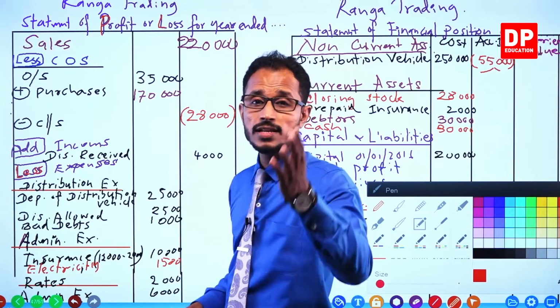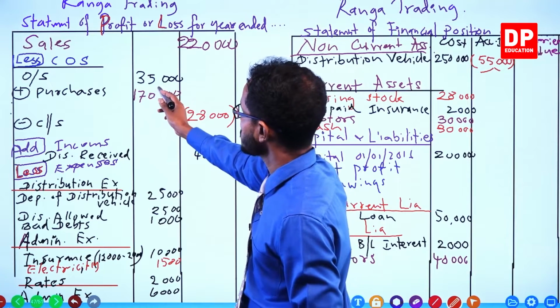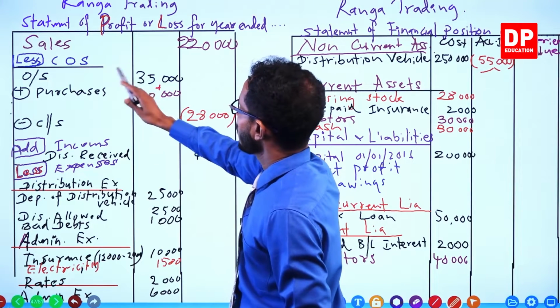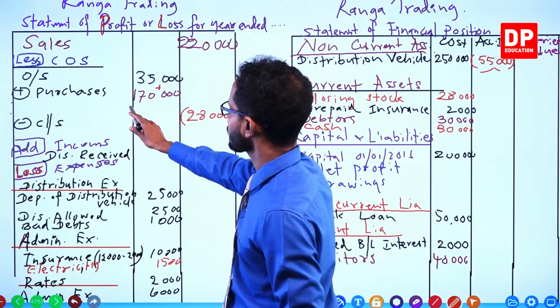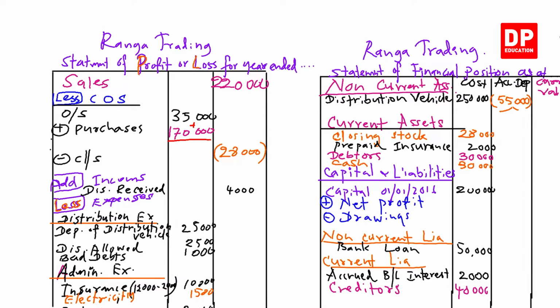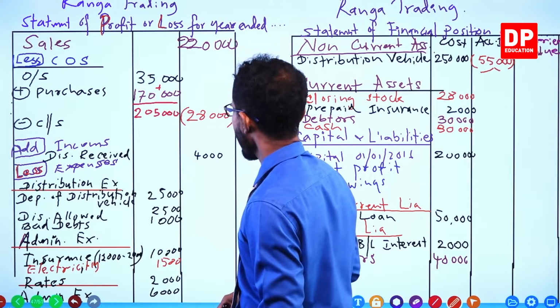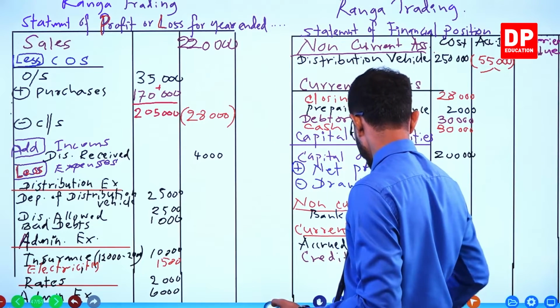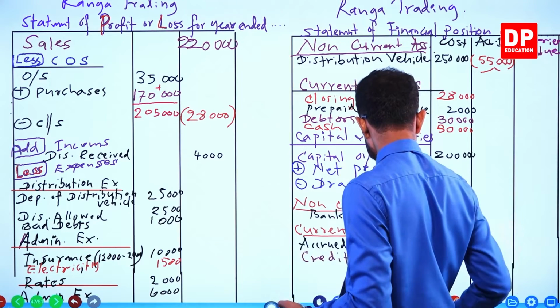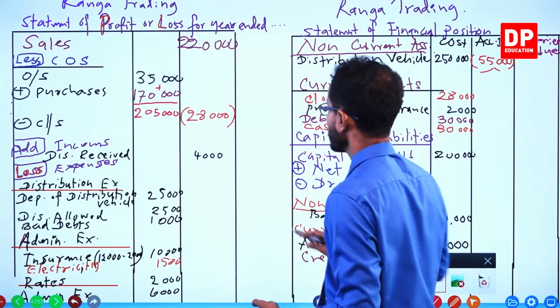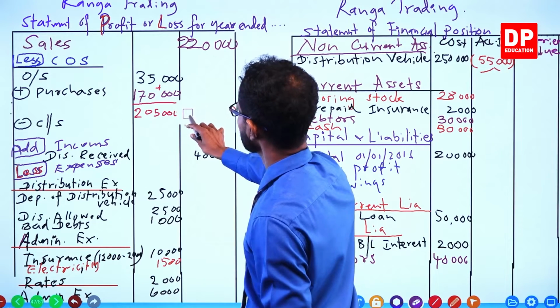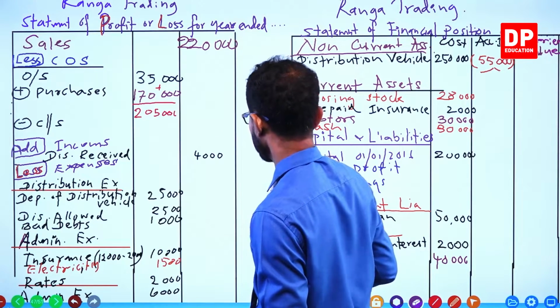First of all, there is a calculation under cost of sales. Opening stock plus purchases. How much? 170 plus 35, that's 205. And where is our closing stock? It's here, 28,000.